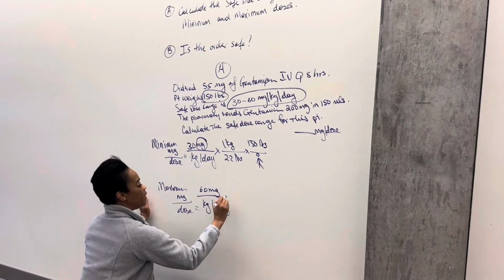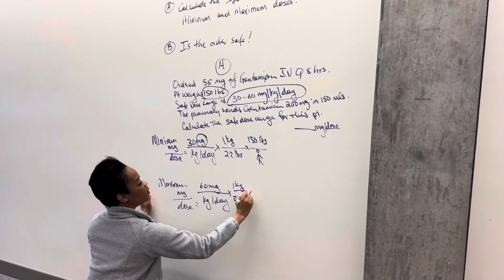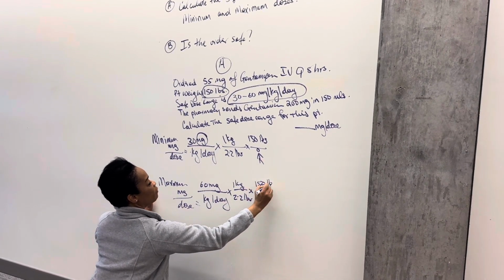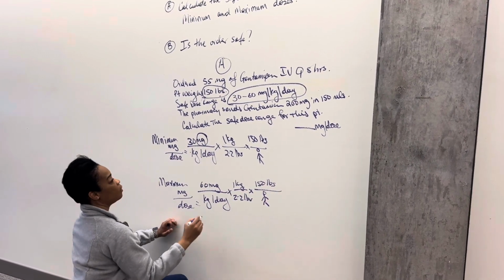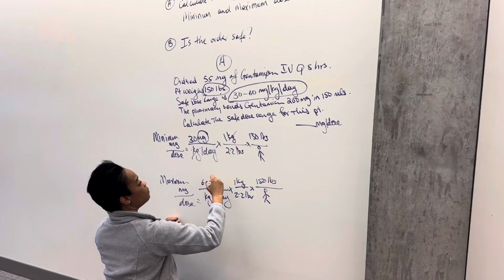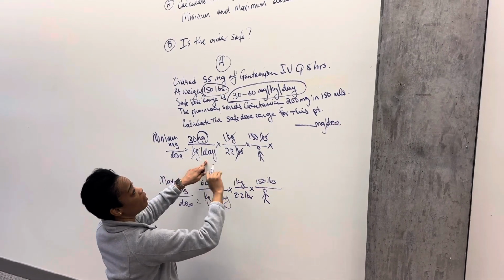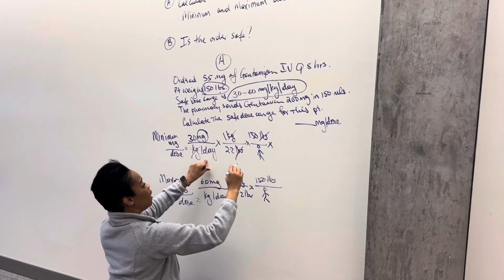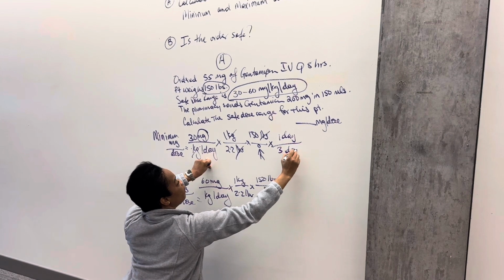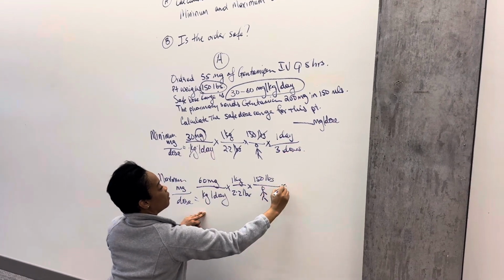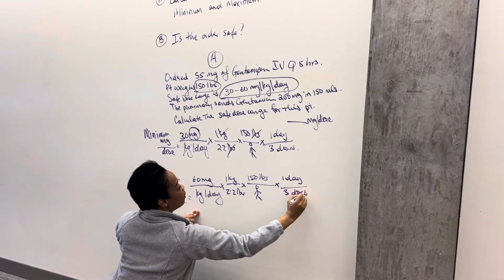And I do the same exact thing here. 1 kilogram over 2.2 pounds times 150 pounds, one patient. Okay, kilograms we cancel. Pounds cancel. I'm not done. I need to get to dose. So this is Q 8 hours. So 1 day, 3 doses. 1 day, 3 doses.